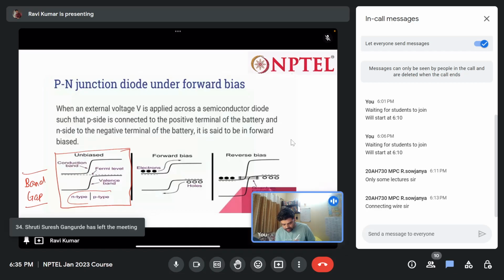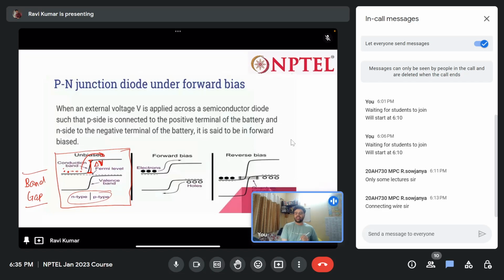This is an N type and there are electrons, and if these electrons need to go here, they have to cross this barrier, that is delta V, and they are not able to cross this barrier.